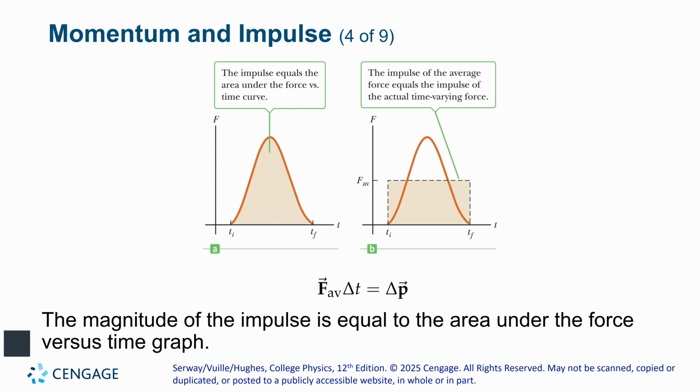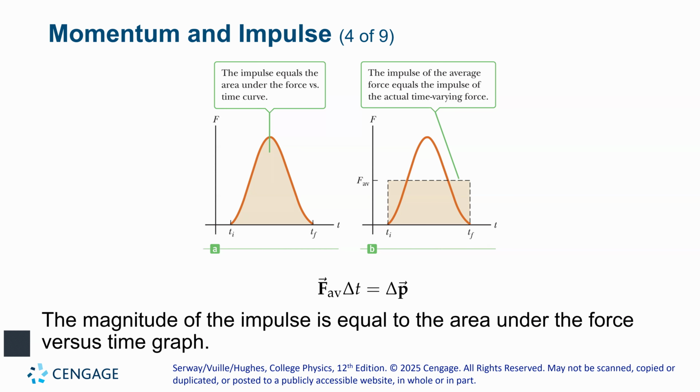If the force is not constant with respect to time, here's an example in the graph where the force is increasing with time and then decreasing. So between time interval t initial and t final, we have this time dependence of the force. In that case, the impulse equals the area under the force versus time graph.